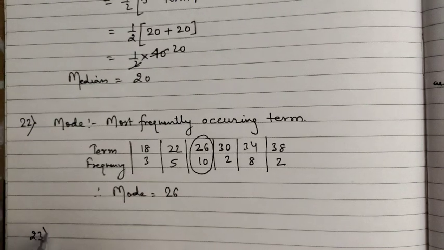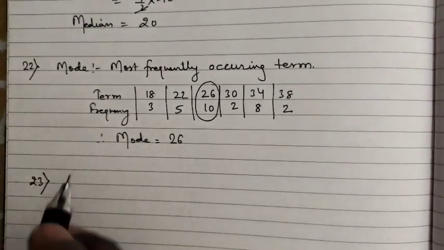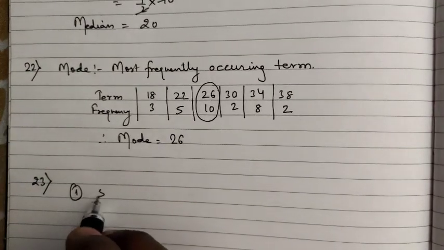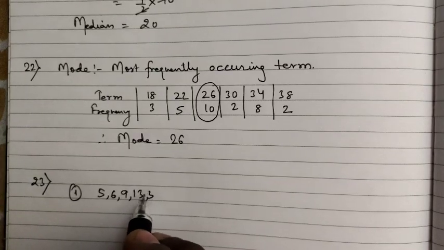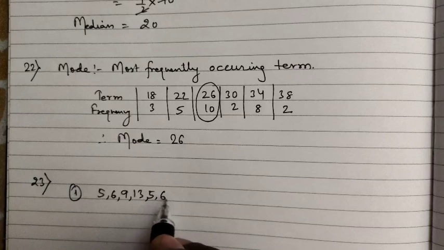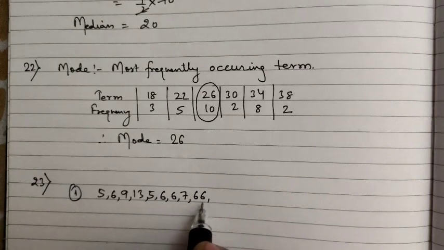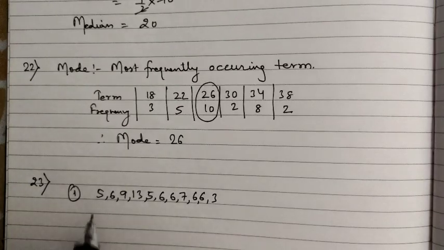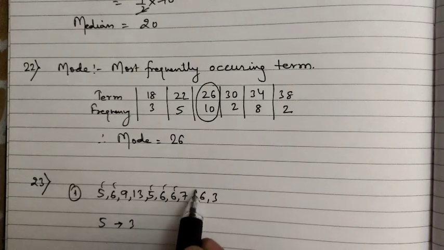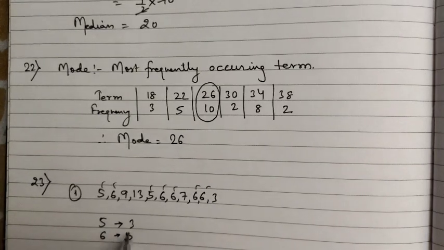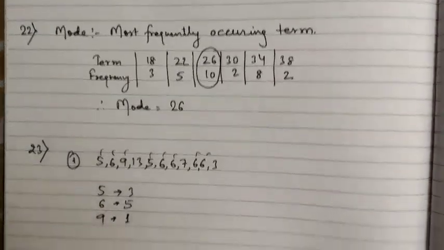Like question number 23, first part, some data is given: 5, 6, 9, 13, 5, 6, 6, 7, 6, 6, 3. Now, how many times is 5 there? 5 is 3 times, 6 is 1, 2, 3, 4, 5, so 6 has appeared 5 times, 9 one time. We write how many times they are appearing.